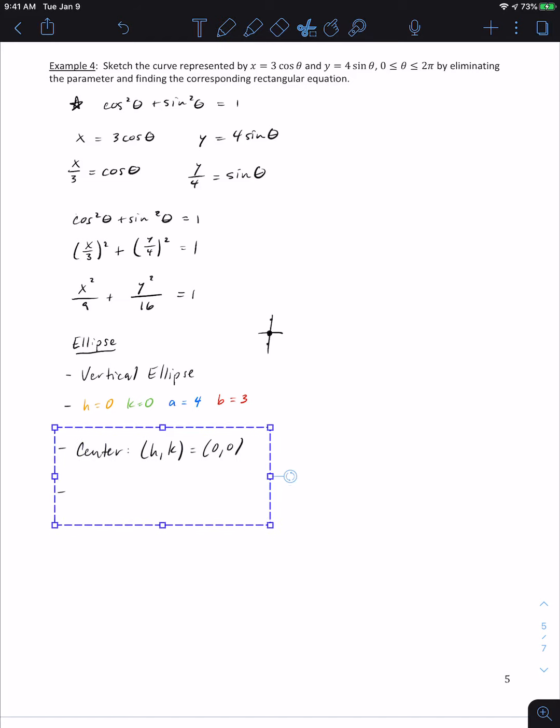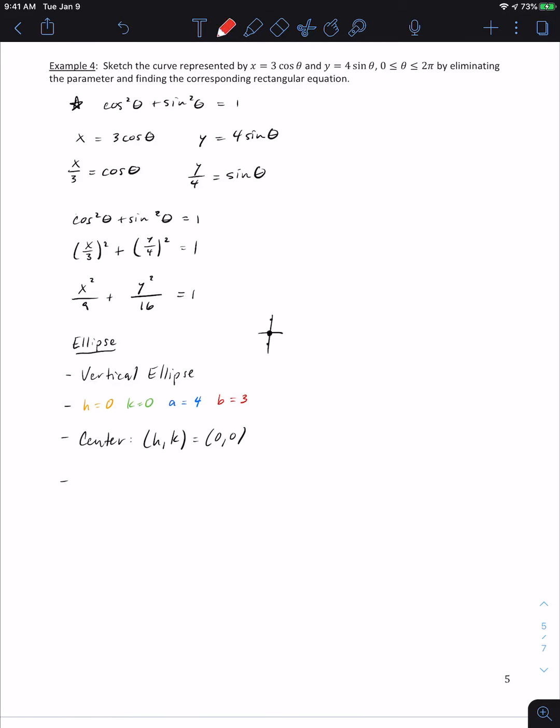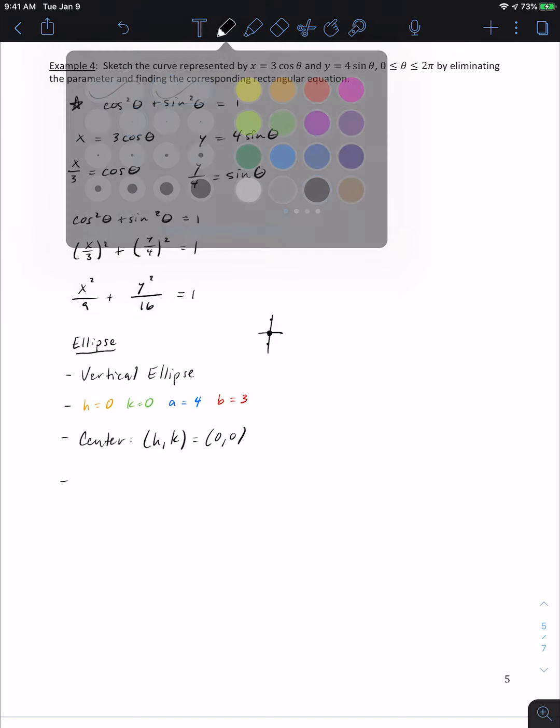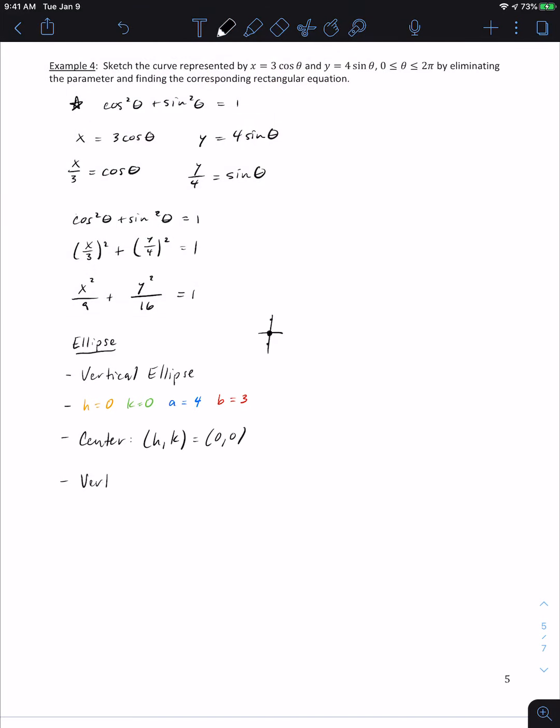So remember, in order to get my vertices, I add and subtract a to my center, since it's a vertical one. The x value stays the same, but I'm going to take the y value of my center and add or subtract that biggest value, which is 4.